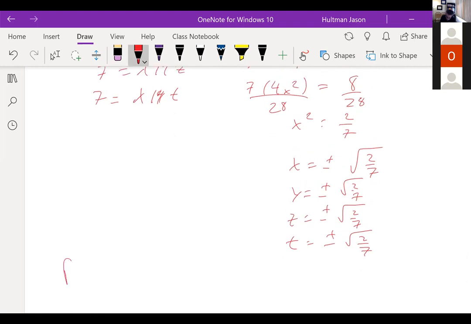Well, we're wanting to minimize this function, f of x, y, z, t. Well, the function 7x plus 7y plus 7z plus 7t. Which values will make this a minimum?